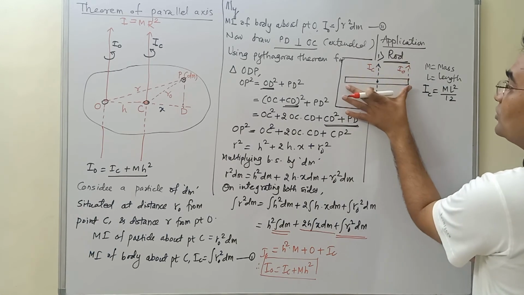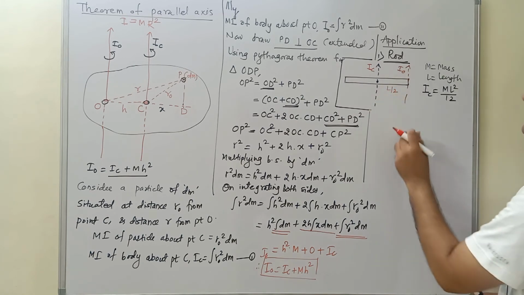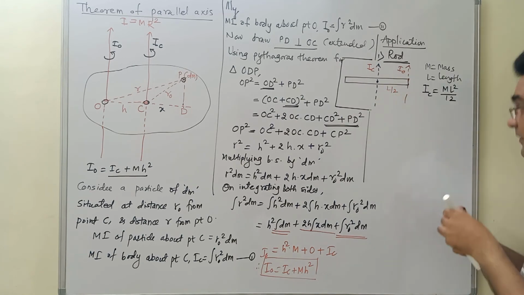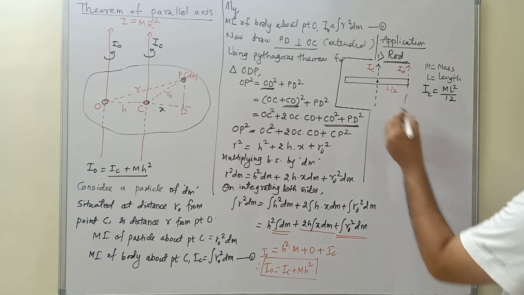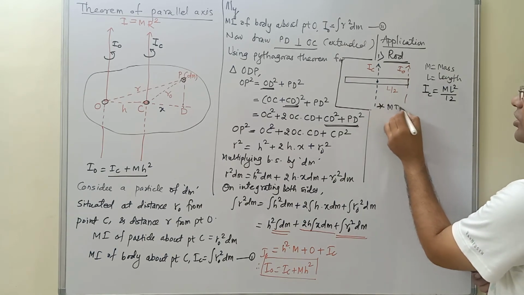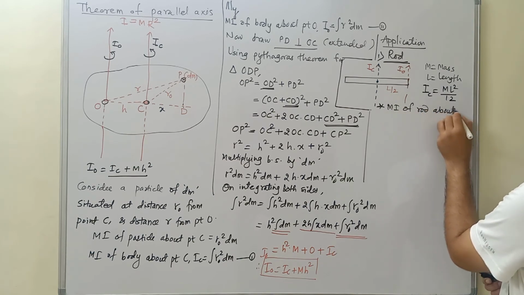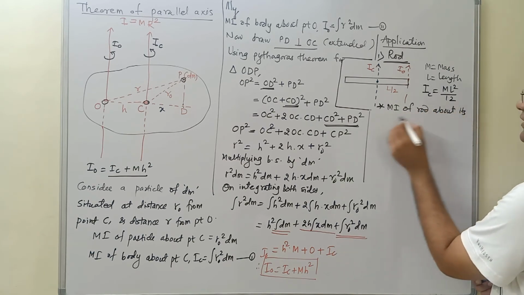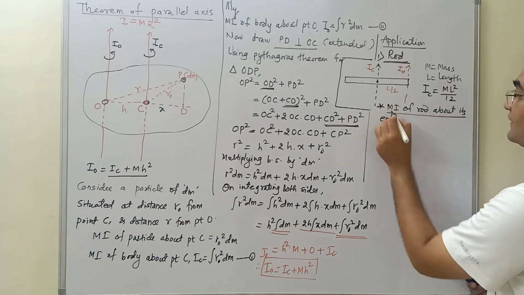If the total length was L, this distance will be L by 2. So I can find the moment of inertia of the rod about its end using the parallel axis theorem.